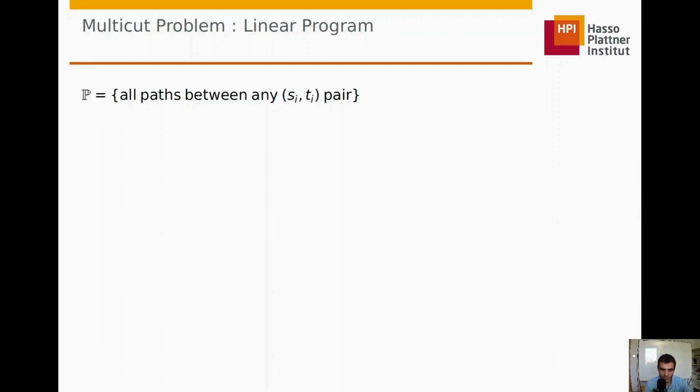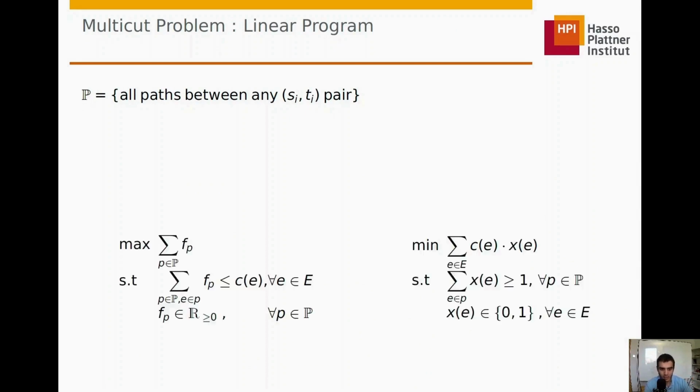Our result also heavily uses the linear programs of the multicut problem. So here on the left you have the max-flow problem's linear program, and on the right the min-multicut linear program. Let's decipher a bit what this linear program on the right means. So we want to minimize the quantity of the capacities of the edges that we choose.